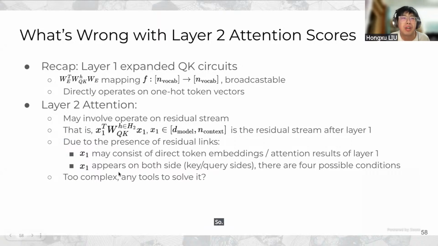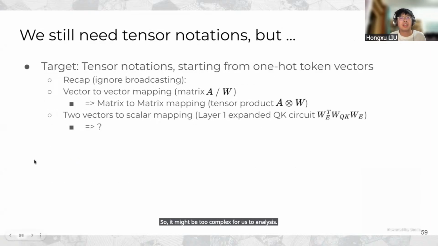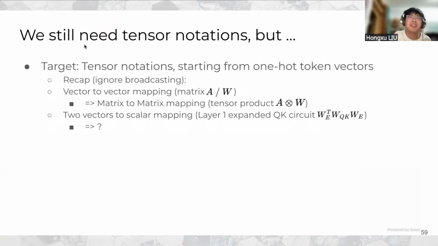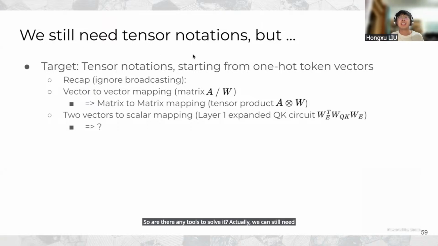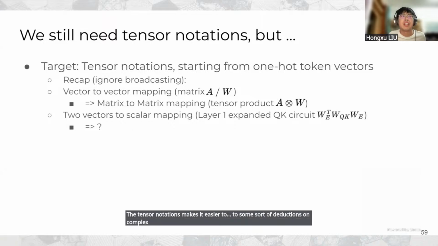So it might be too complex for us to analyze. Are there any tools to solve it? Actually, we still need the tensor notations, because the tensor notations make it easier to do deductions on complex linear algebra operations.